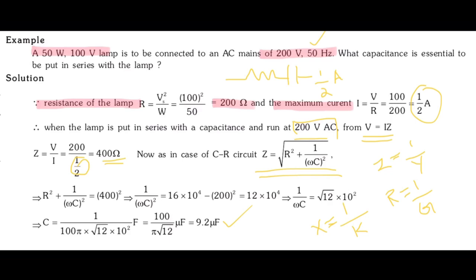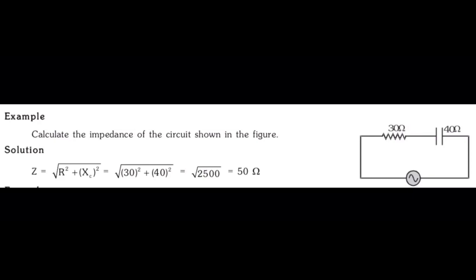Because we connected a capacitor in series to equalize the voltage to 200 volt. Hope you understood this question. It's a very easy question. Seeing the graph itself, seeing the circuit itself, you can understand what should be done next. The question is to calculate the impedance of the circuit, which is very easy: Z equal to root of R square plus XC square.